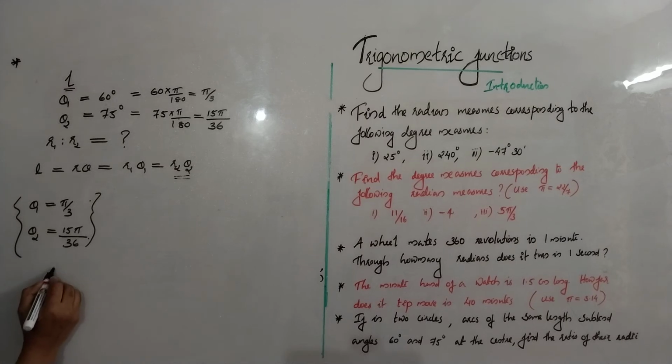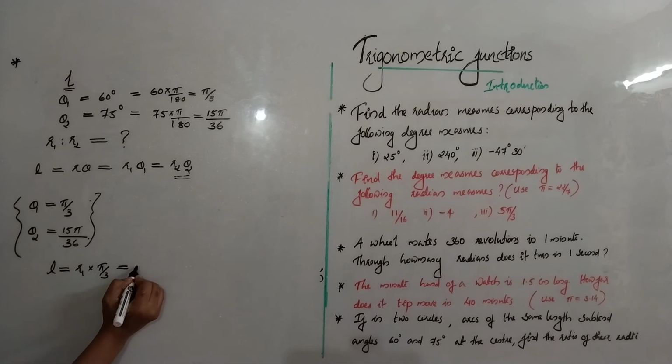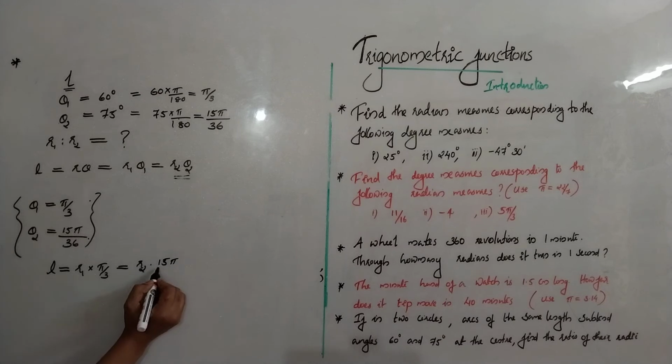Then L is equal to R1 into theta 1 is equal to R2 into 15 pi divided by 36.